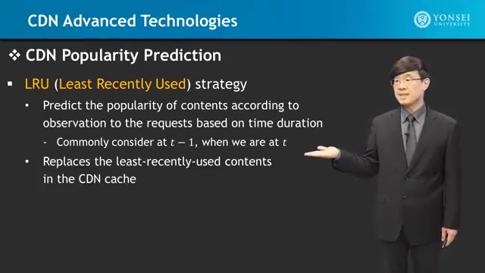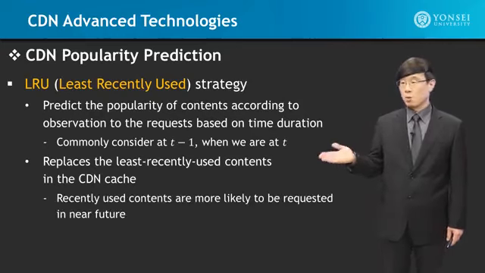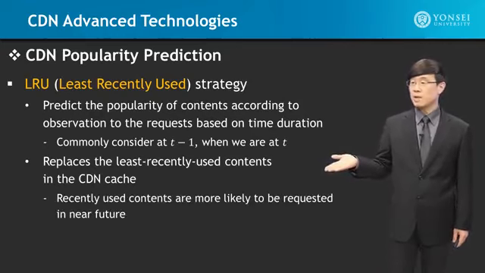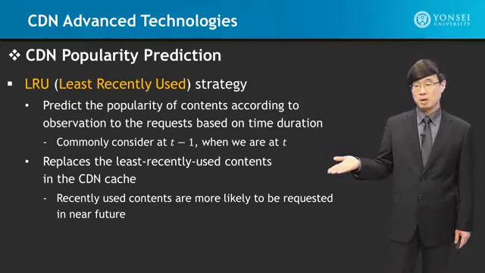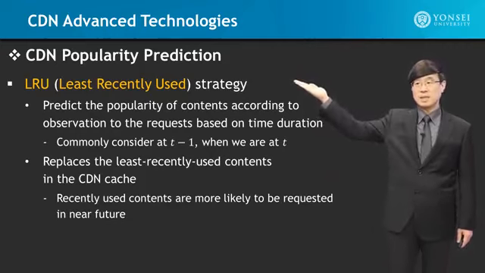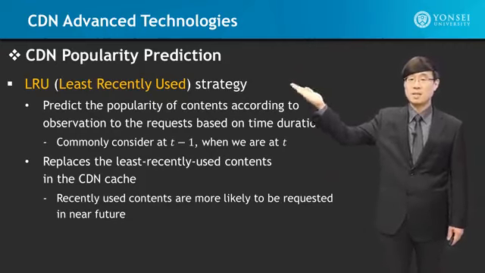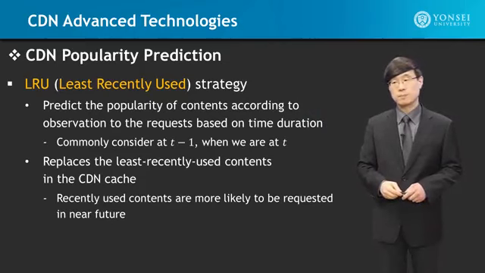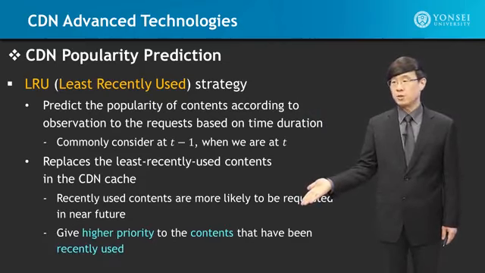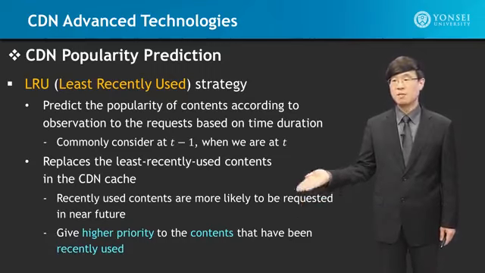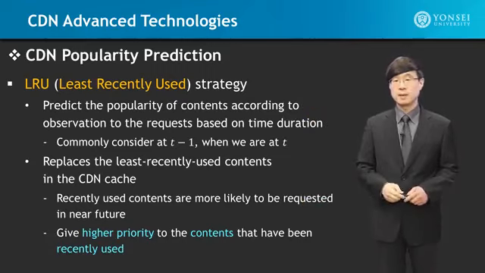It replaces the least recently used content in the CDN cache. Recently used contents are more likely to be requested in the near future. The LRU model is based on this assumption. That is why the least recently used ones will be the ones that are selected and erased. Give higher priority to the contents that have been recently used. And this is the basis of the LRU scheme.